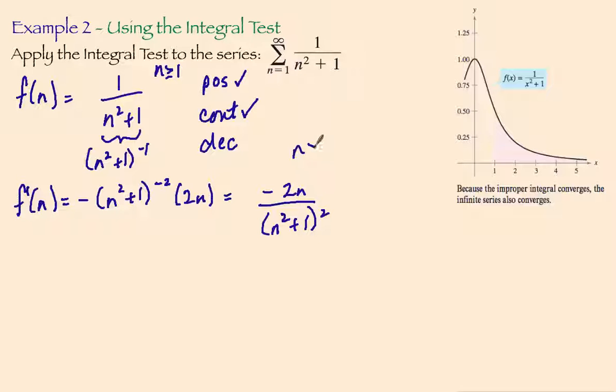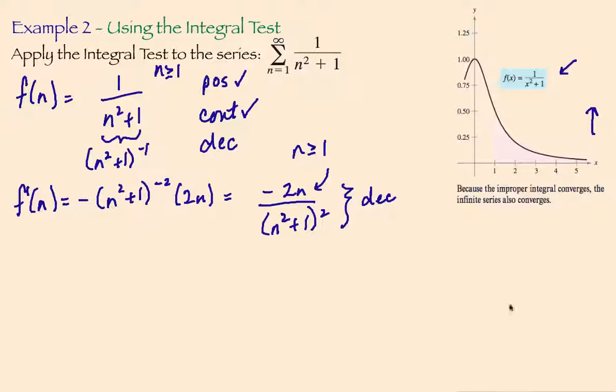Notice that for n greater than or equal to 1, the numerator will always be negative, but the denominator will always be positive. So this is decreasing for n greater than or equal to 1. You can see that we have a graph here, and it does meet the criteria: all positive values, continuous, and decreasing at least for n greater than or equal to 1.